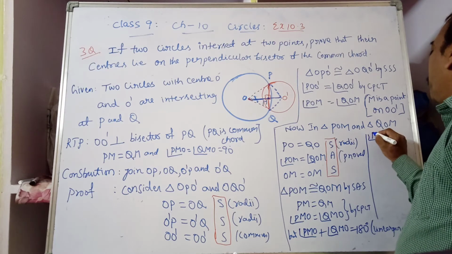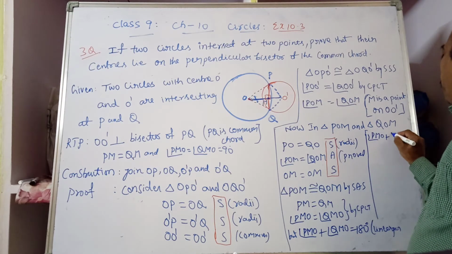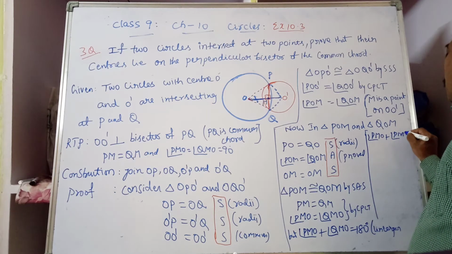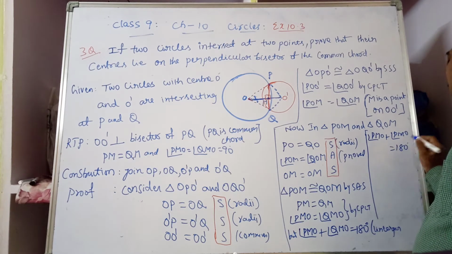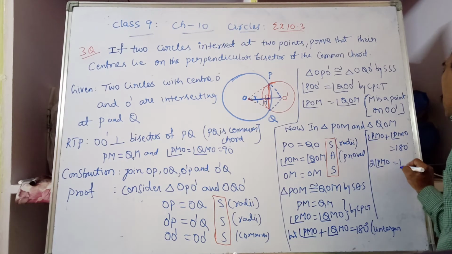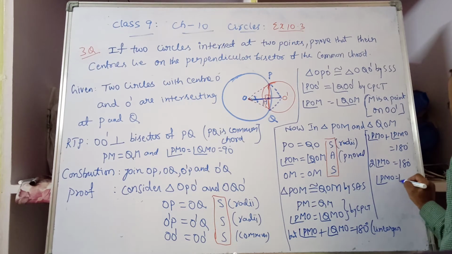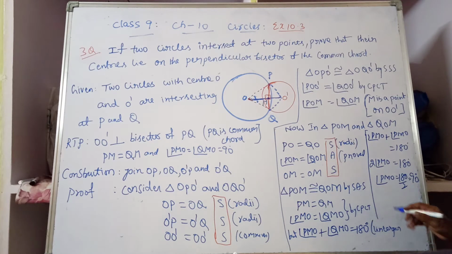So angle PMO plus angle PMO is equal to 180 degrees. 2 times angle PMO is equal to 180. Then angle PMO is equal to 180 by 2, which will give you 90 degrees. So therefore, angle PMO is equal to angle QMO is equal to 90 degrees.